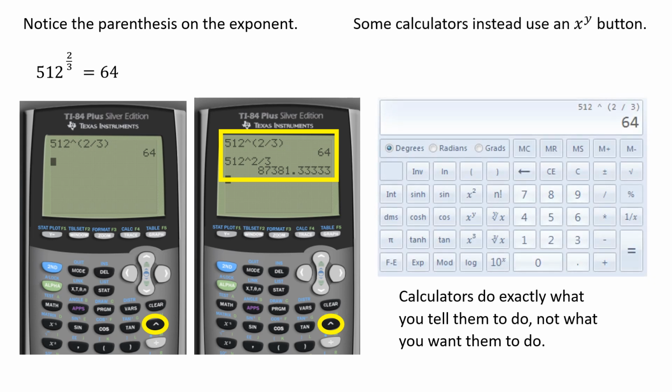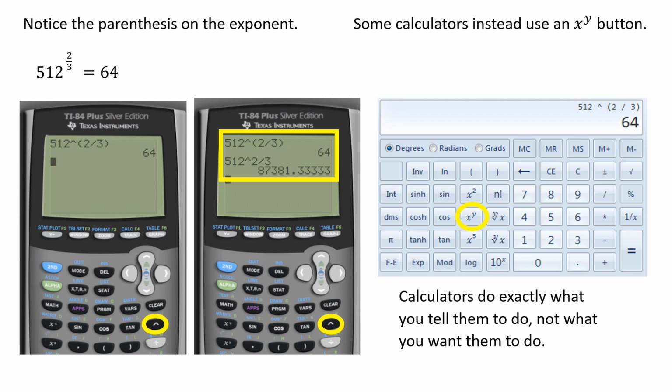And then some calculators, instead of using a caret symbol, they've got a button that looks like x to the y power. And so the first number you type in, the x would be the base. And then the second number you type in will be the exponent. And notice, even on this calculator, I had to put the 2/3 exponent inside parentheses.